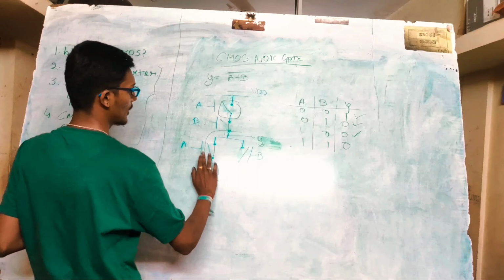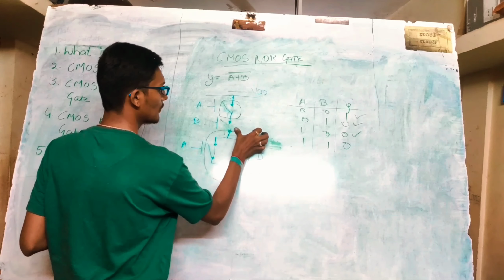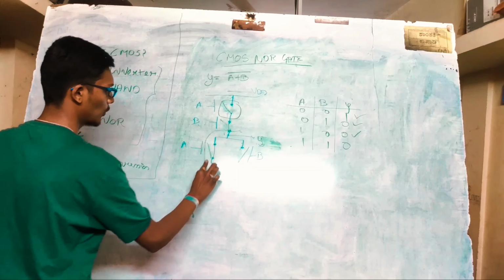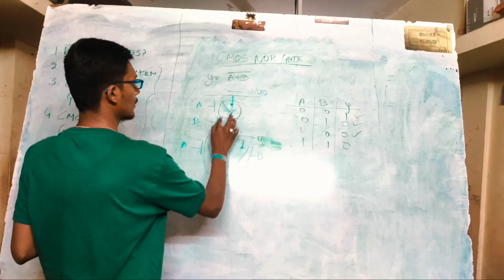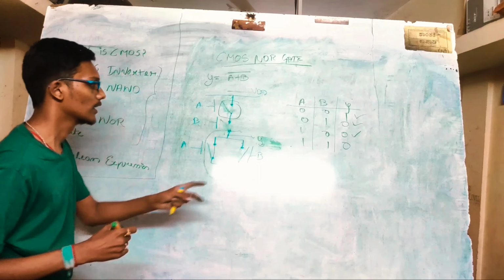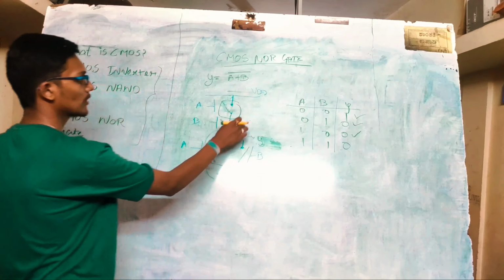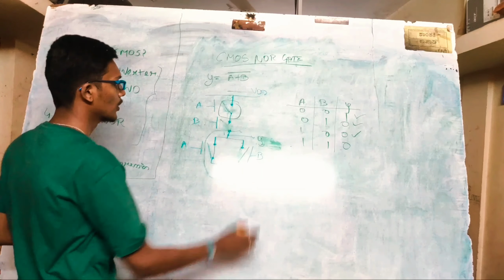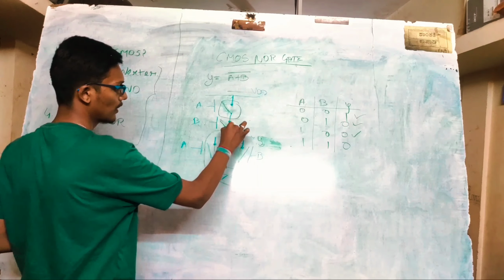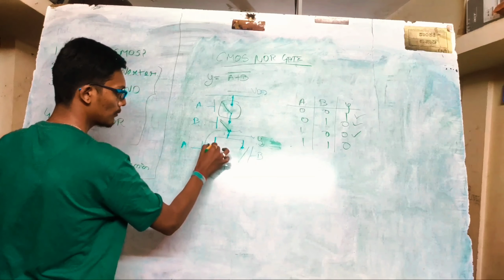Fine. We'll trace the last path, which is for the combination 1 1. So fine. 1 1. PMOS transistors won't work at logic 1, so these are open circuited, and at 1 1 both NMOSes are short.